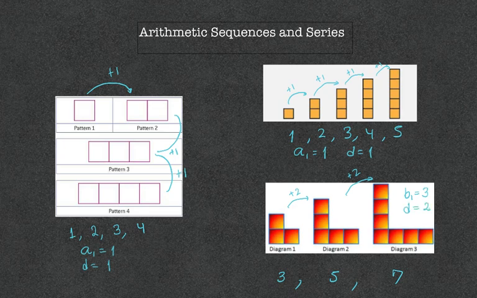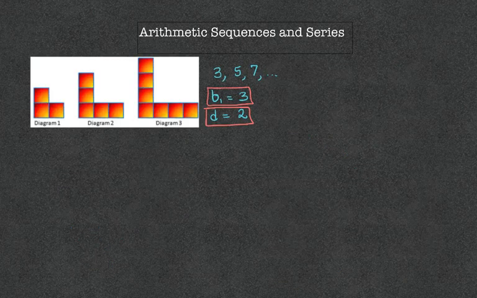Once we have these 2 elements, the first term of the sequence and the common difference, we are able to develop what would be the general term for the sequence. In order to get the general term of this sequence, let's just focus on the third sequence. Let's consider the first few terms of the sequence. I'm going to write them down as B1 is 3, B2 is 5, B3 is 7.